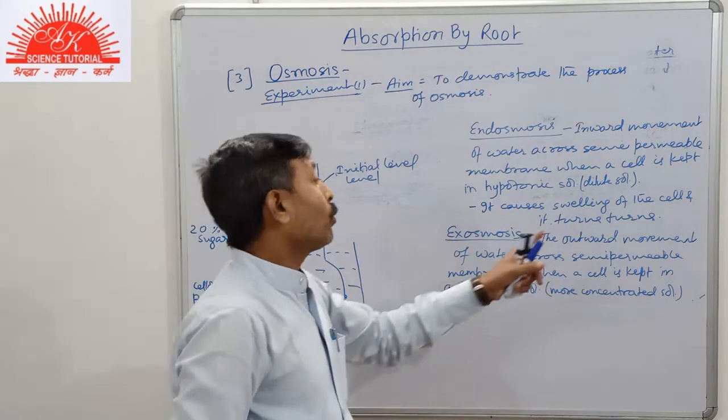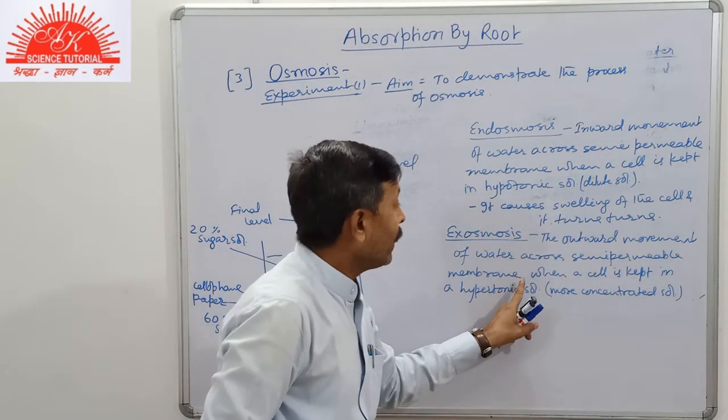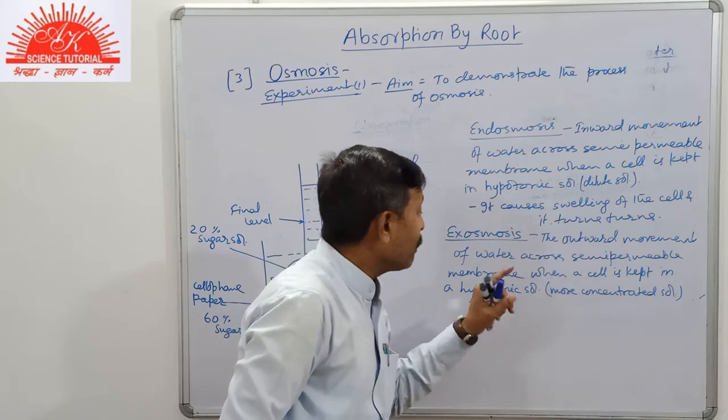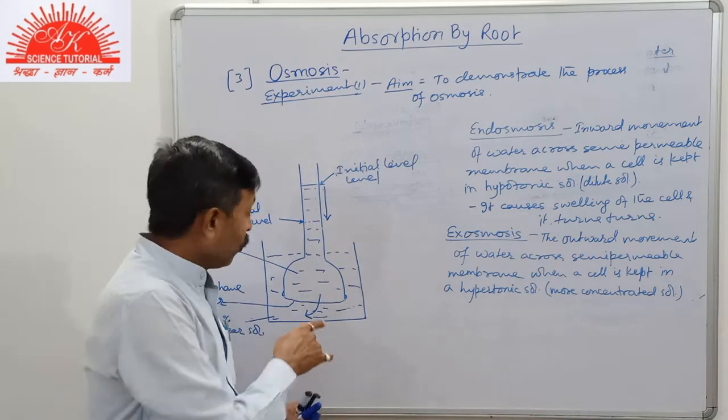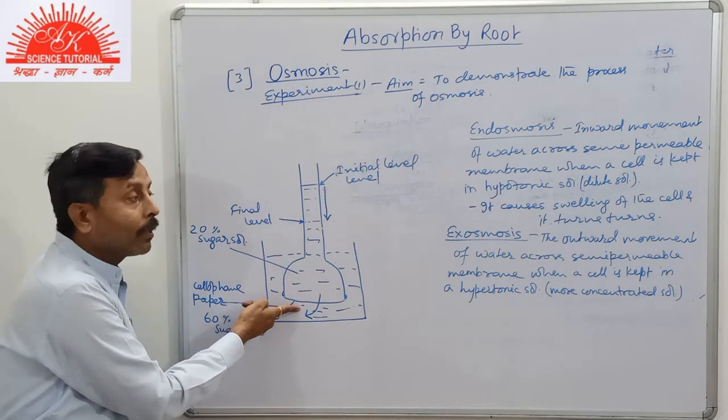Now you see, outward movement of water across semi-permeable membrane when a cell is kept in hypertonic solution, that is more concentrated solution. So this is the outward movement of water.